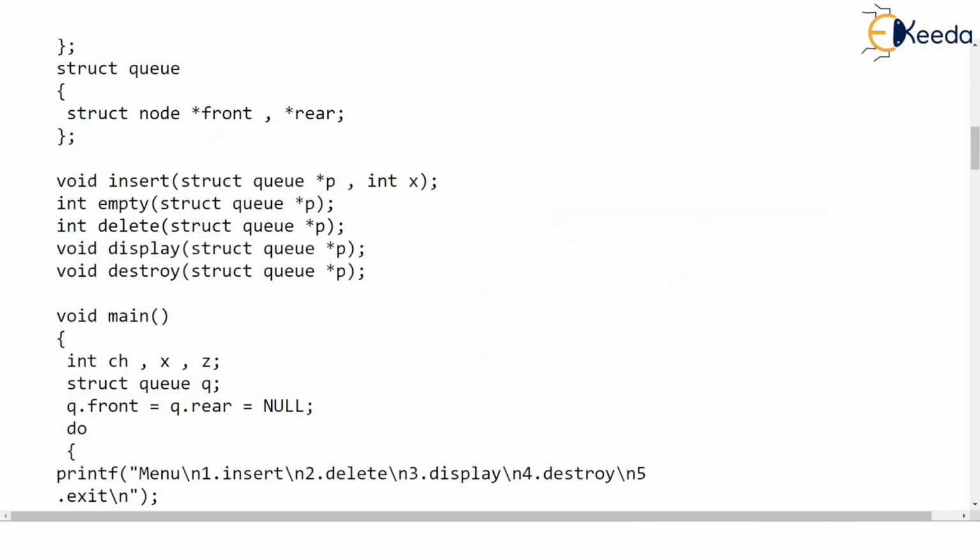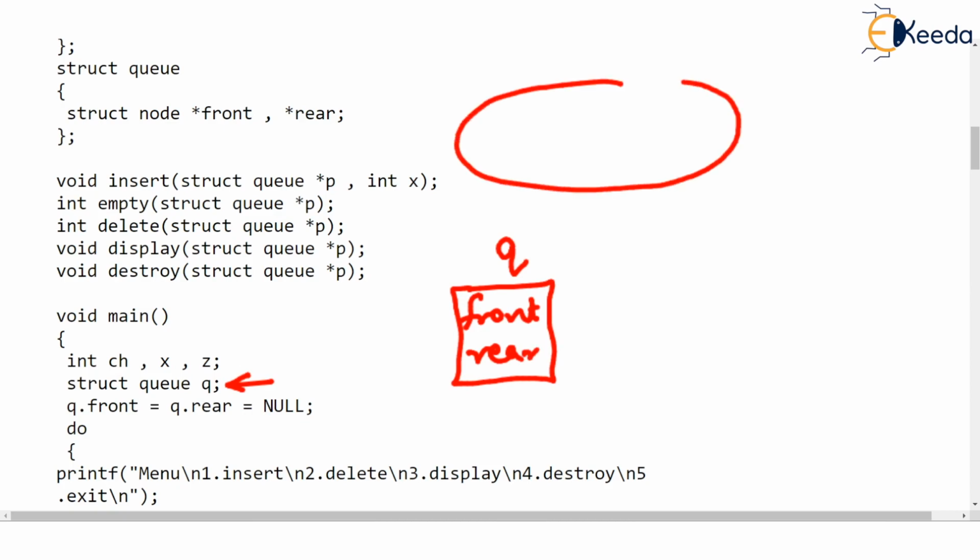Now have a look at the next line. After declaring this variable q, which contains front and rear, we want to make it very clear to our program that there are absolutely zero nodes. There are no nodes in the queue yet. The queue is empty. We do that by making both the pointers null. Remember, front and rear are pointers, and pointers are made null.